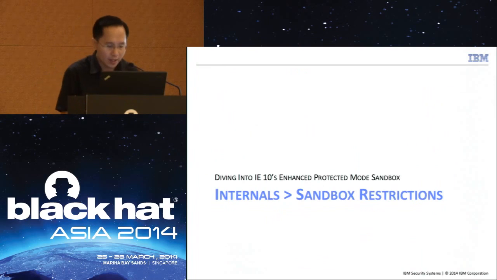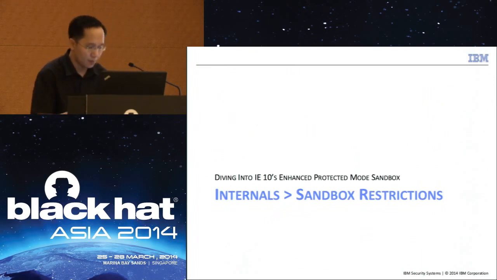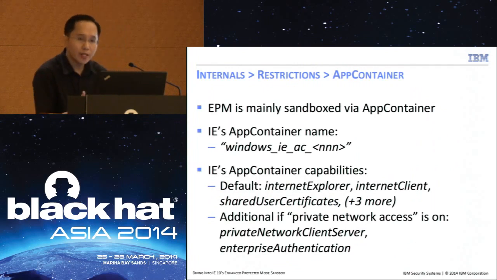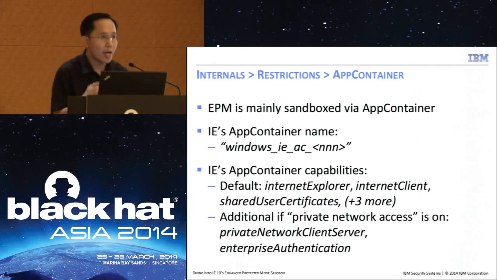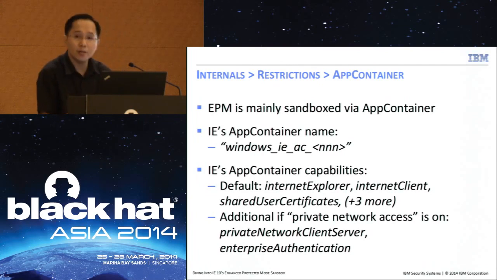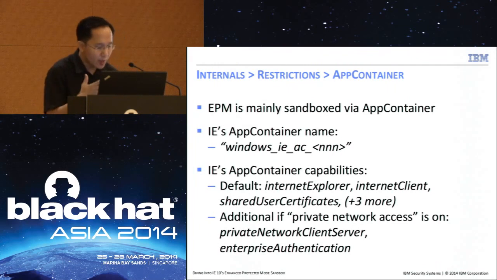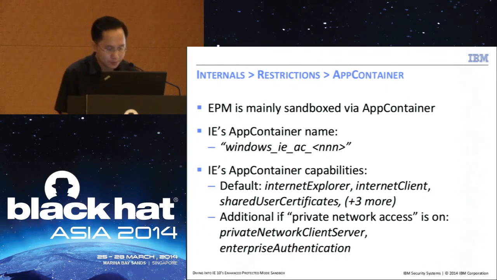So how exactly is the tab process sandboxed in EPM? In EPM, the tab process is mainly sandboxed using app container. App container is a new process isolation mechanism introduced in Windows 8, and it's the same sandboxing mechanism used in Windows Store apps.